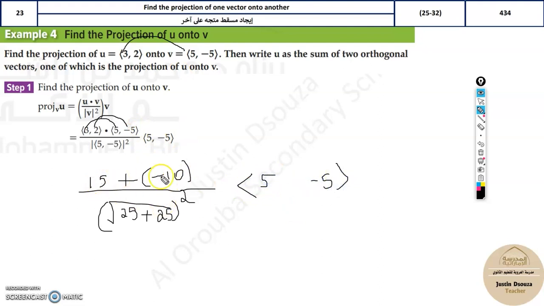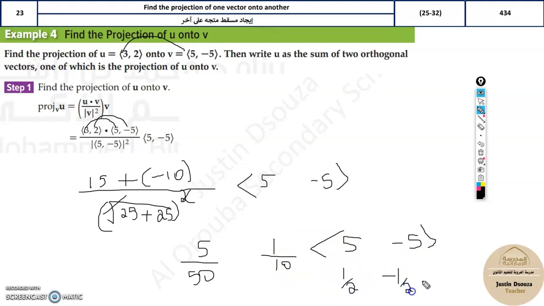So the answer would be 5 divided by the square root, and the square cancels off. You will have 50 over here, and this is basically 1 by 10. So I'll just write 1 by 10 multiplied with 5 and minus 5. When you multiply this inside, it will be 5 by 10, that is 1 by 2, and minus 1 by 2. This would be the projection of v onto u.